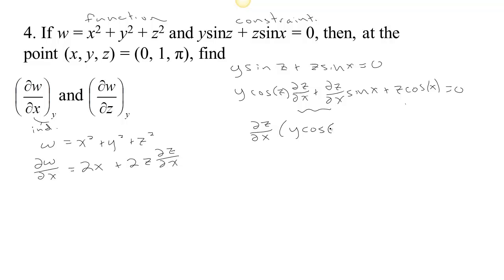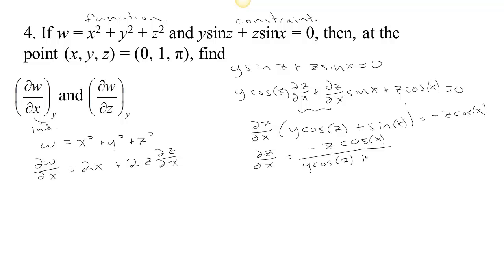So we get dz/dx times (y cosine z plus sine x) equals negative z cosine x. So dz/dx is equal to negative z cosine x divided by y cosine z plus sine x.